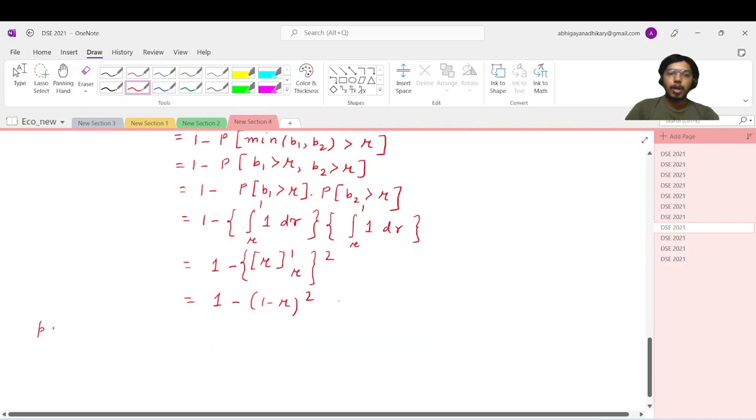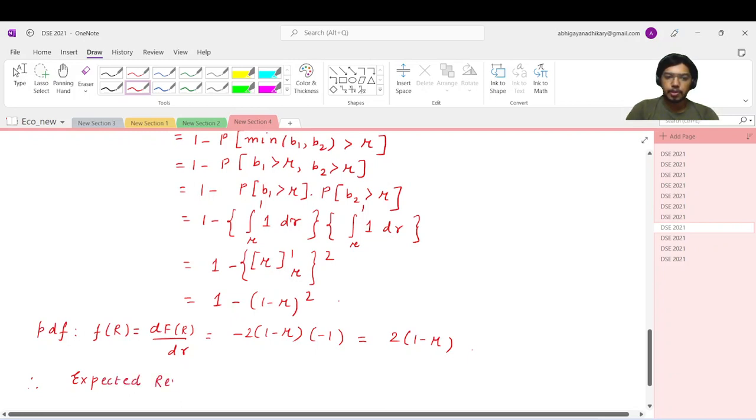So from here, how can we obtain the PDF? So f of r is simply the derivative with respect to r, right? So this will become minus of 2 times (1 minus r) into minus 1. So this is 2 times (1 minus r). So this is the derivative of the CDF that we are looking at. So what is the expected revenue now? It is integral 0 to 1 of r f(r) dr, right?